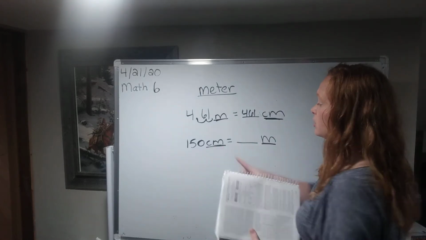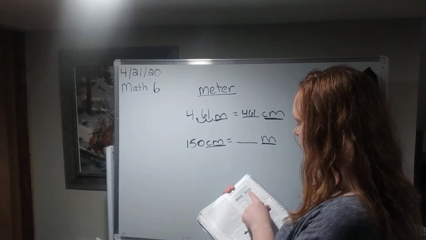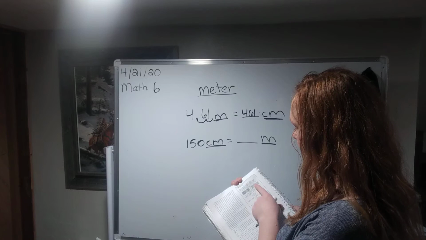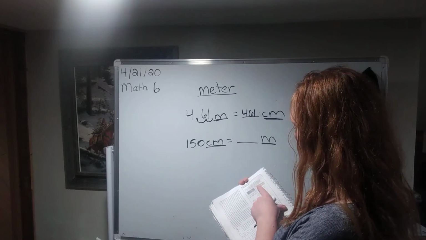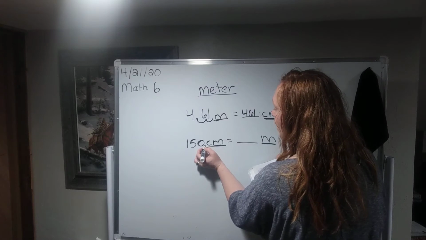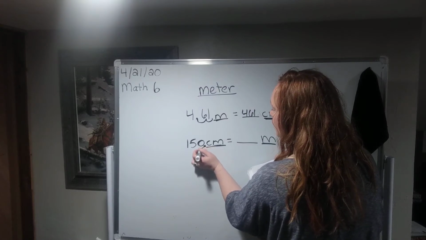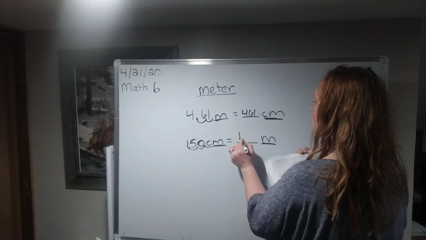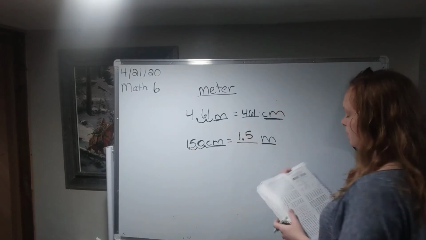I'm going to start at my centimeter box, and above the box I can see the arrow that goes back to meters. How many boxes do I move? 1, 2 boxes. So I'm going to start where my decimal place is, and move left two places, just like I did in the boxes. So 1.5 meters.